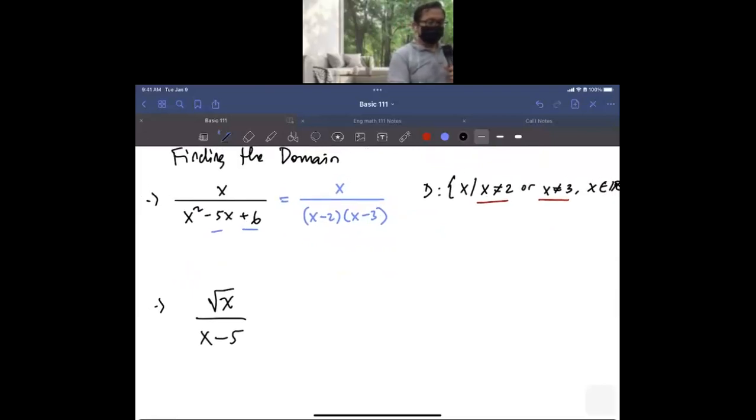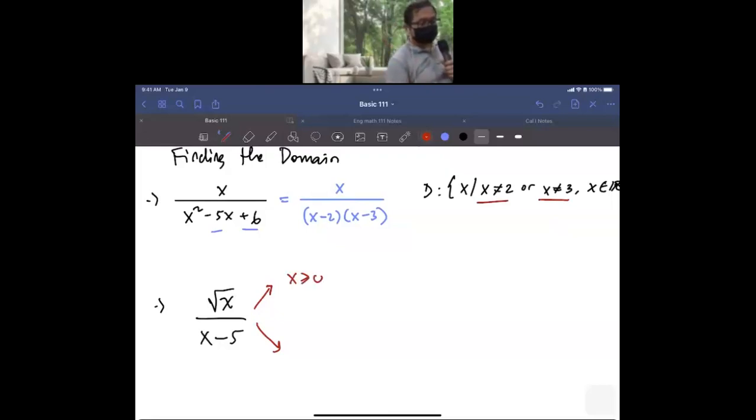Okay, the second one, we have square root of x, and we have a denominator that is x minus 5. The first thing, we can define this as two sets of domain if you would like. First, we have the square root of x, so x should be positive or at least 0.